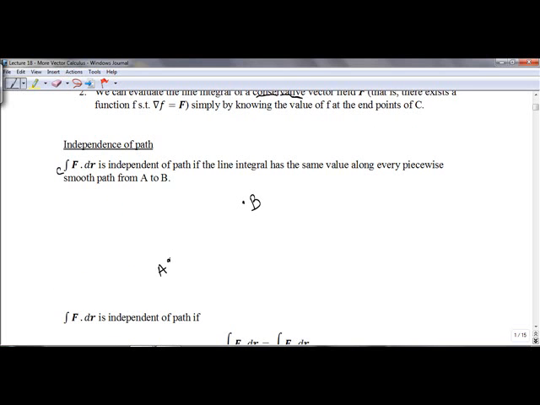And suppose you take the line integral along this path, let's call it C1. And then you take another path, let's call this C2. And if you find the line integral along each of these paths and they are the same value, then this integral is said to be independent of path, or path independent.